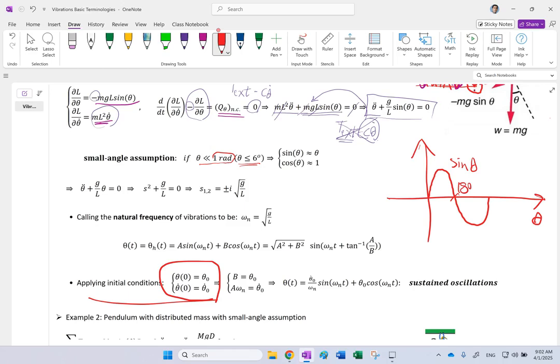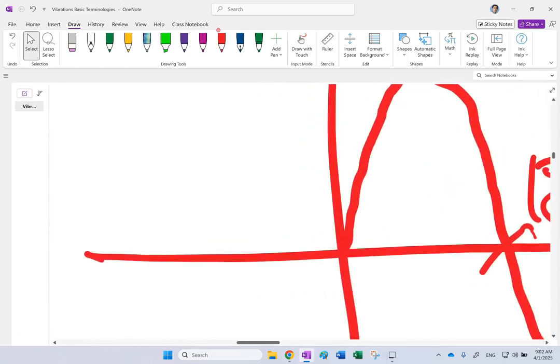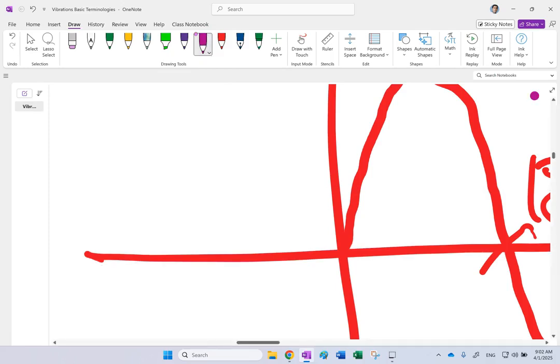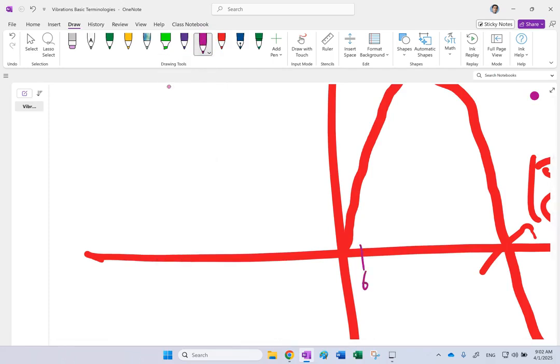If you come down and zoom in to about 6 degrees, of course that's still way bigger than 6 degrees, you see that if you plot the line f of theta equals theta, then that line and the sine function are almost on top of each other for the first 5-6 degrees.